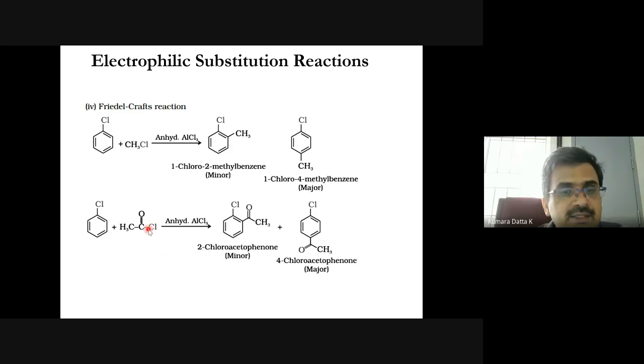So essentially, the important point is we are adding an electrophile species into the aromatic substances. Preferably, we are getting halogen arenes. Especially, this part is called haloarenes.